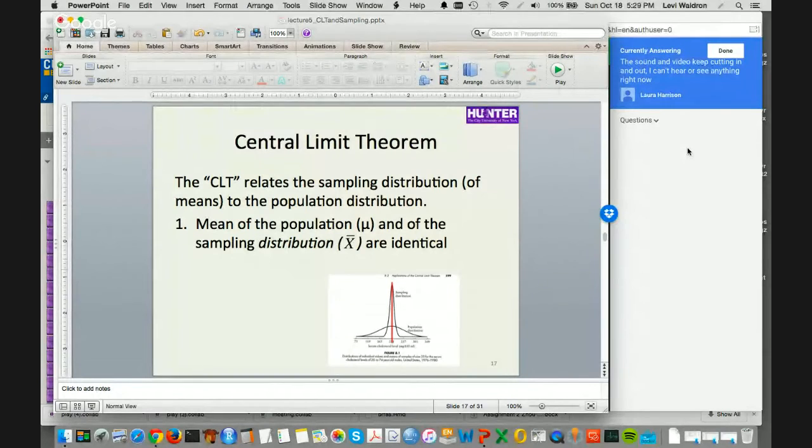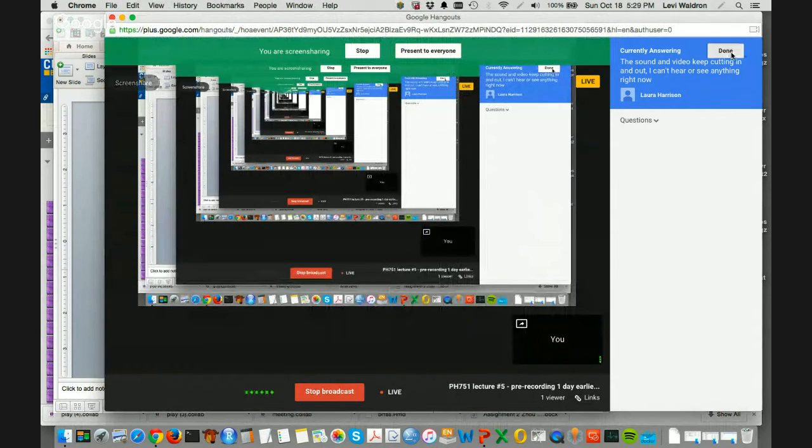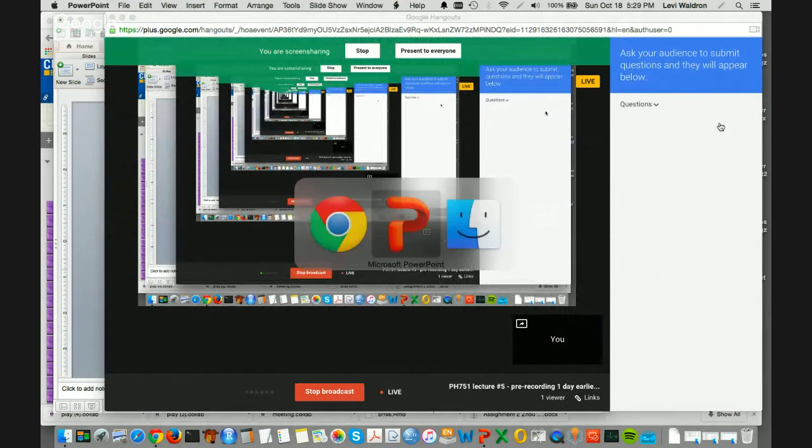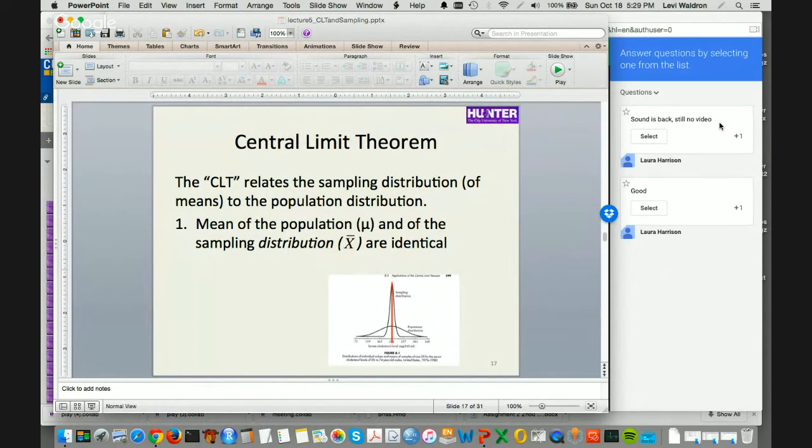Is this better? Thank you for letting me know. I'm not sure what the problem was. Okay, well, that's a bit better. I'm sorry about that.